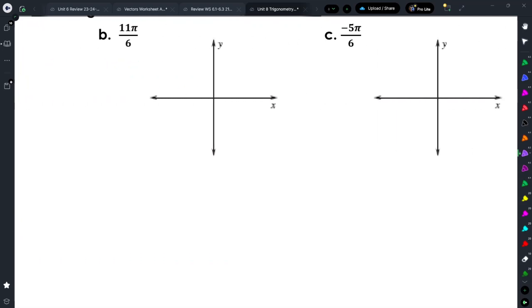All right, now 11 pi over 6. That's really close to 12 pi over 6, which is 2 pi. So it's almost going to be a complete circle, and it's going to go this way.